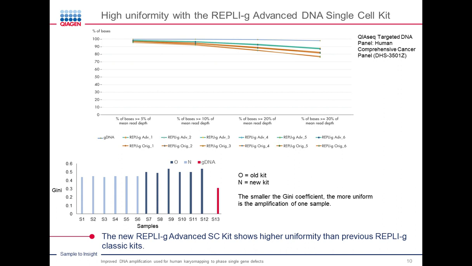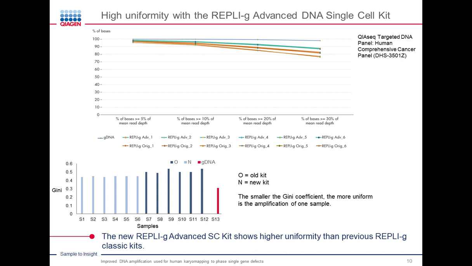You can see here what we're looking at is the uniformity, or the percentages of the bases within a certain binning of the mean read depth. Using 40 nanograms of genomic DNA or 40 nanograms of the amplified material, we've looked at the binning of 5%, greater than 10%, 20%, and greater than 30% of the mean read depth.